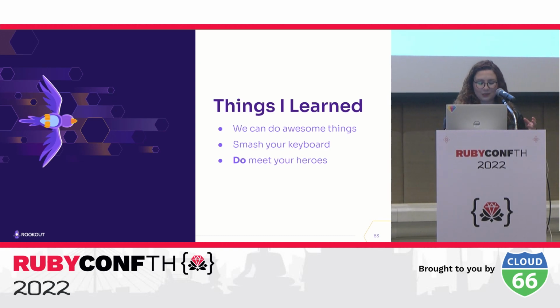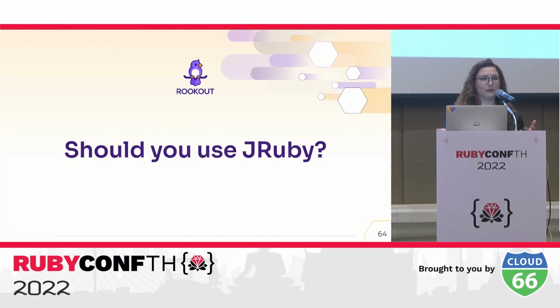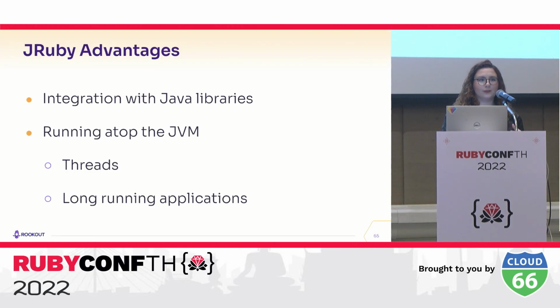And a question I usually get after talking about JRuby is, should I use JRuby? I wanted to look at the advantages of JRuby. Charles did talk about this a lot in his talk, so I'll just go over this briefly. First of all, integration with Java libraries, as well as Ruby libraries. So if you find that perfect library, but it's written in Java, you can use it with JRuby, which is really awesome.